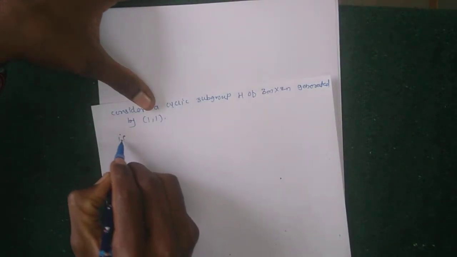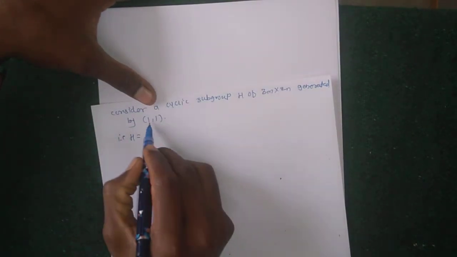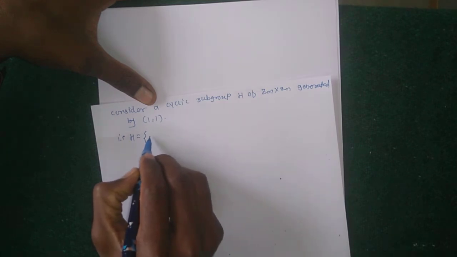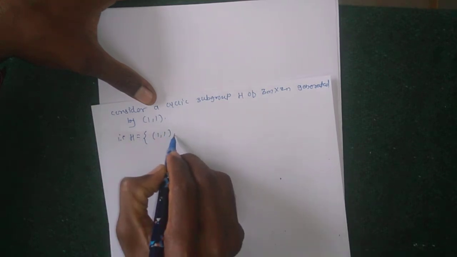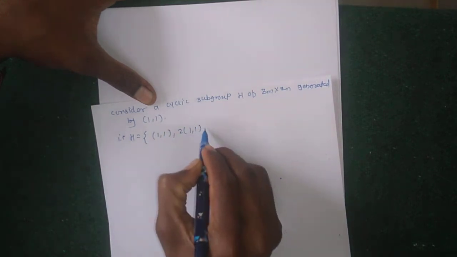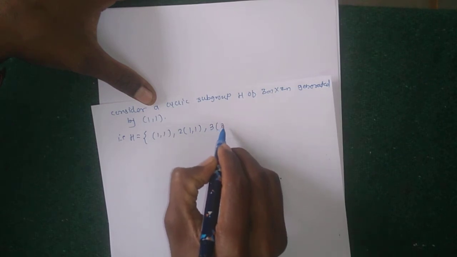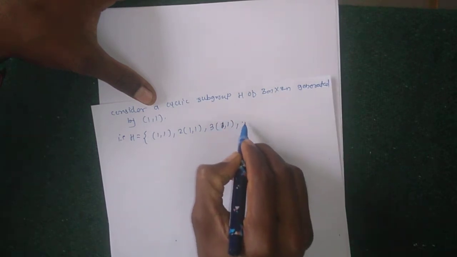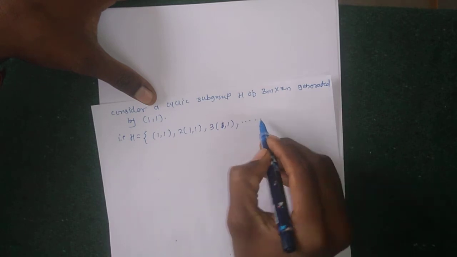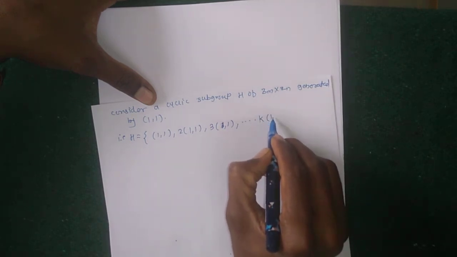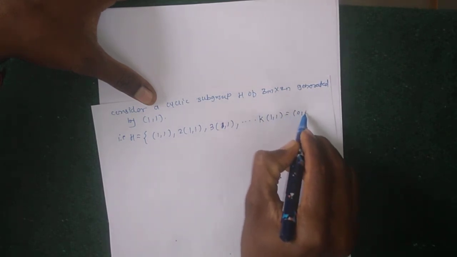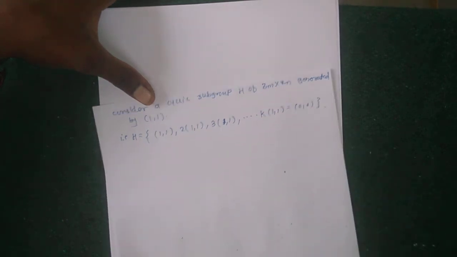That is, H is generated by (1,1), which contains the elements 1 into (1,1), 2 into (1,1), 3 into (1,1), and so on, up to the last term k into (1,1) equal to (0,0). This value exists in this set.